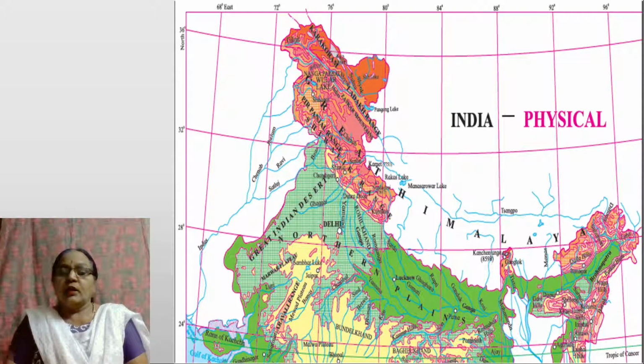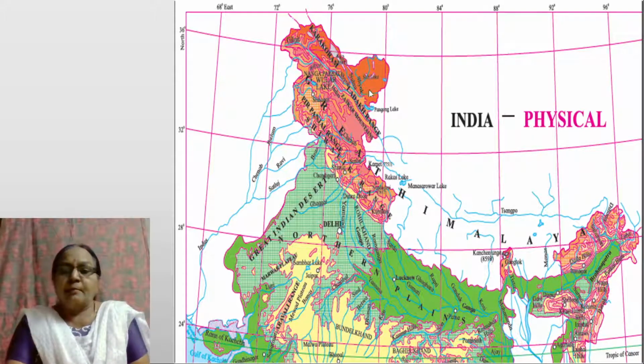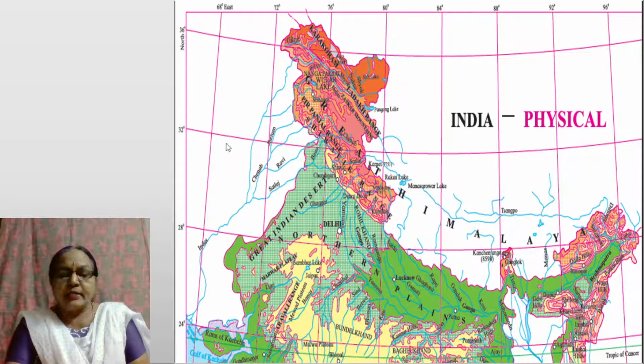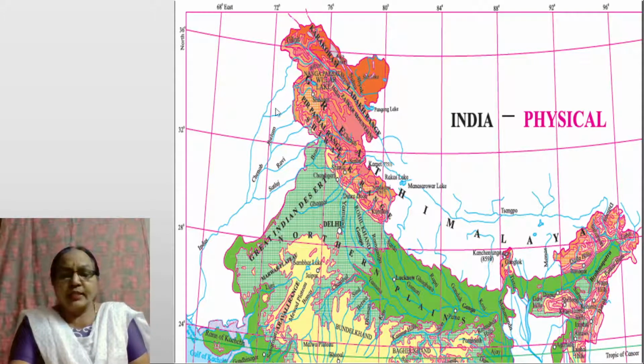Now, if you look at the physical map of India, okay, you can find on the west, you'll find the river Indus together with the tributaries. We have the Satluj, Chenab, Ravi, Byas, okay, Jhelum. Okay, these are the tributaries of the river Indus.